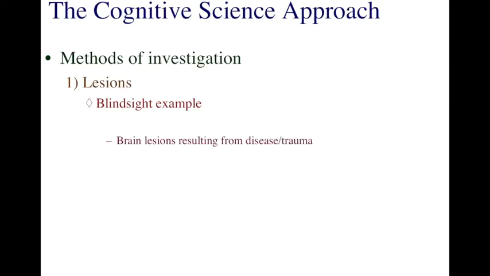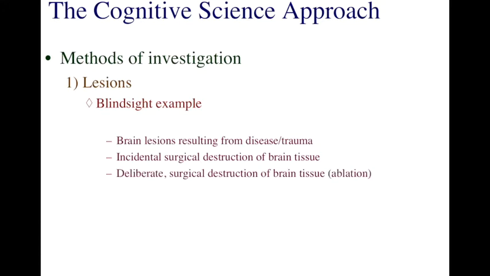So one method of using lesions to study cognitive neuroscience is to find patients who have brain lesions resulting from disease and trauma, like we saw with Graham in the video. Sometimes lesions occur not because of disease or trauma, but because of incidental surgical destruction. We saw this in a previous video lecture when we looked at split brain patients.